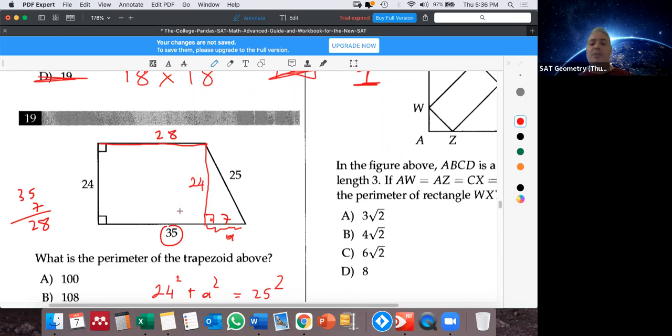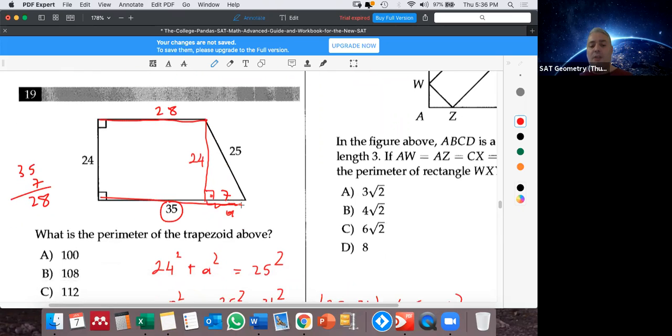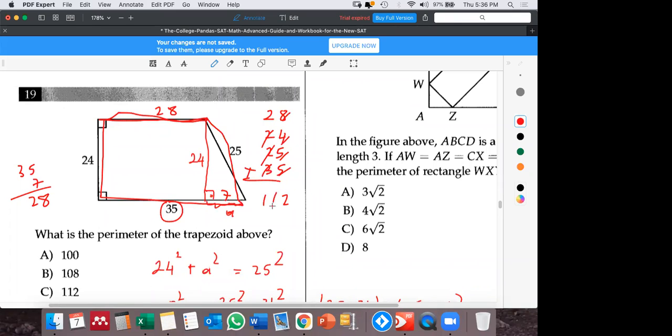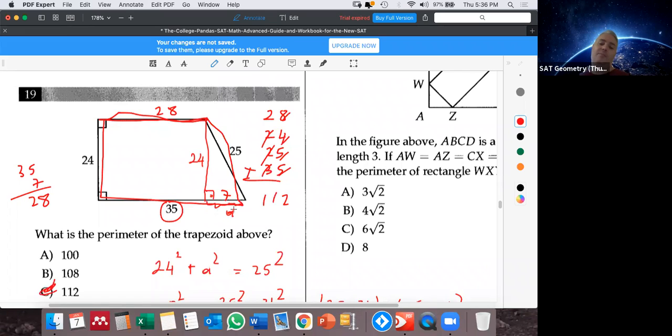What is the parallelogram's perimeter? 35, 25, 28, 24. If we add them side by side, it will be the result. It's C, 112. Yeah, finished.